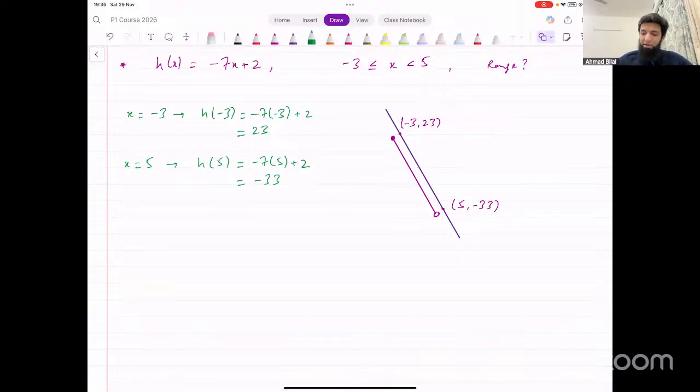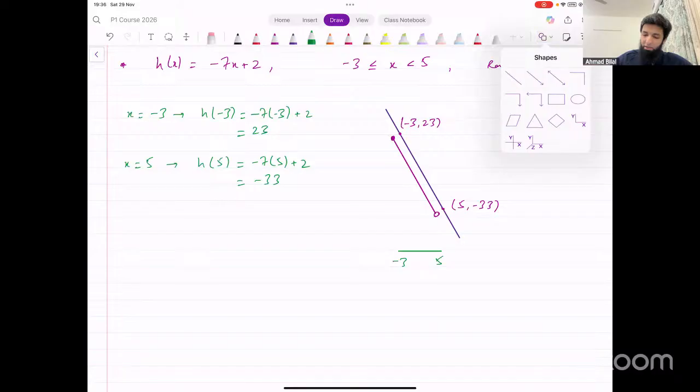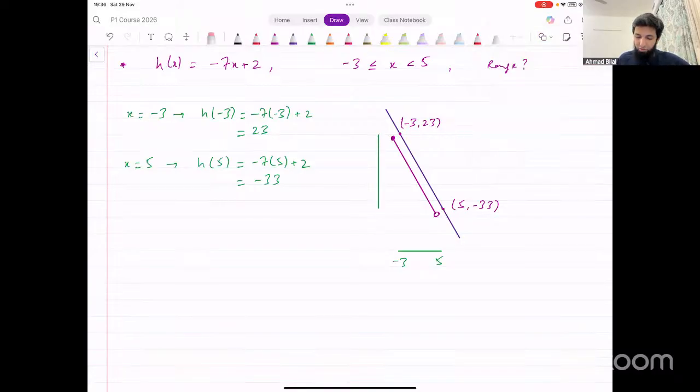Vertically, what values of y do we get from this? Horizontally, we are between -3 and 5. What about vertically? Vertically, we're going from -33 to +23. So this will be the range of the function, from -33 to 23.